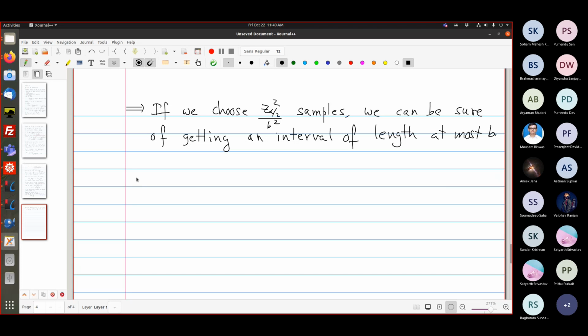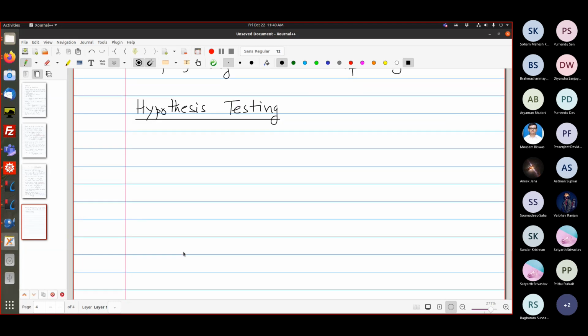Okay. So we're moving on to the next chapter, chapter 8 on hypothesis testing. So let me set up the framework.